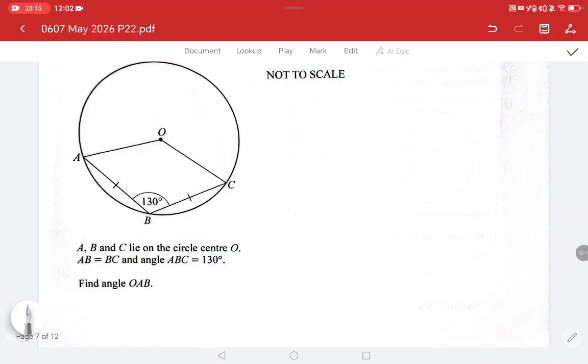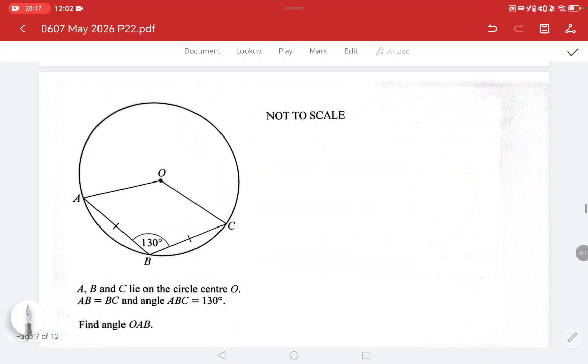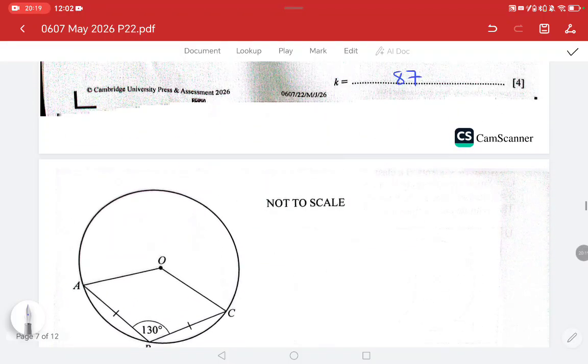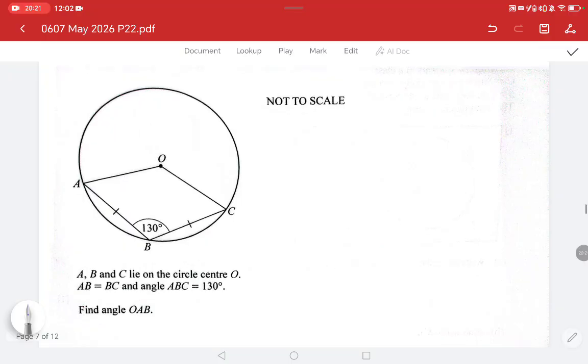This question is question 10, I think. Find angle OAB. We need to find this angle. If you look at this one, it is the angle at the circumference. The angle at the circumference is twice the angle at the center.